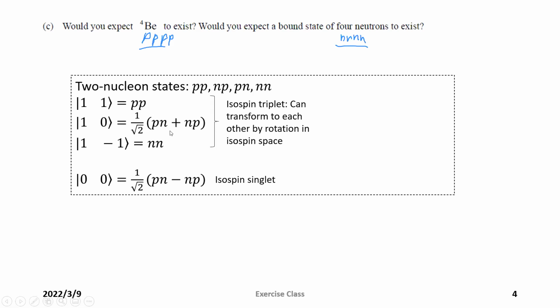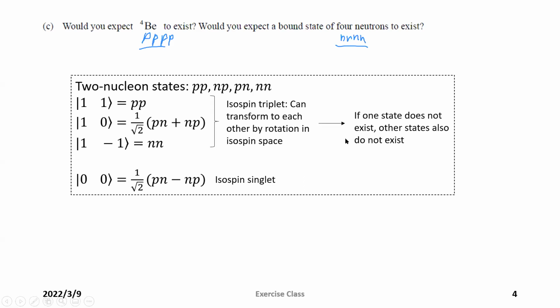And also we can rotate this state and it will rotate to this NN state. So that's the meaning of a triplet. And for the singlet, no matter how we rotate the state, it will always get back to itself. So that's why we call it a singlet.